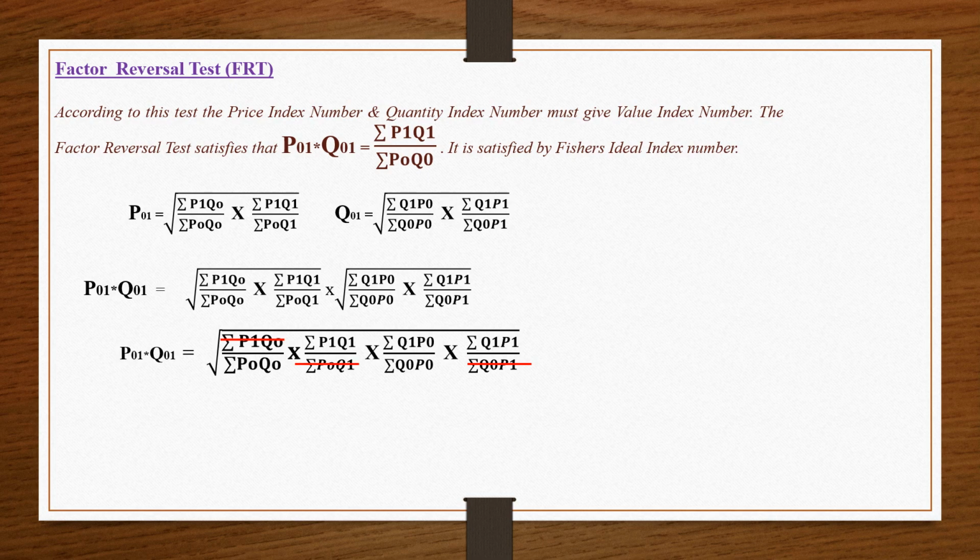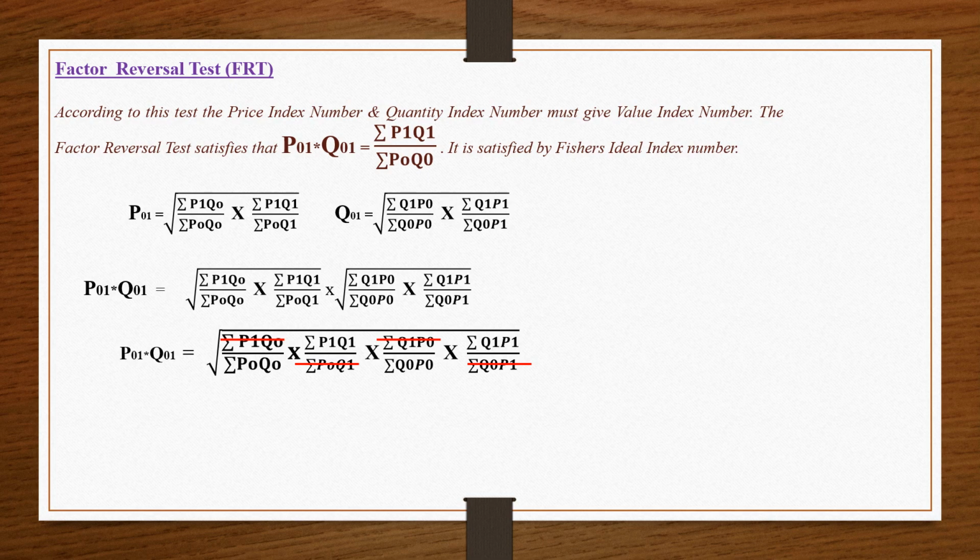Very next, summation of P0 Q1 cancelled with summation of Q1 P0. So what remains? Summation of P1 Q1 into summation of Q1 P1 divided by summation of P0 Q0 into summation of Q0 P0.